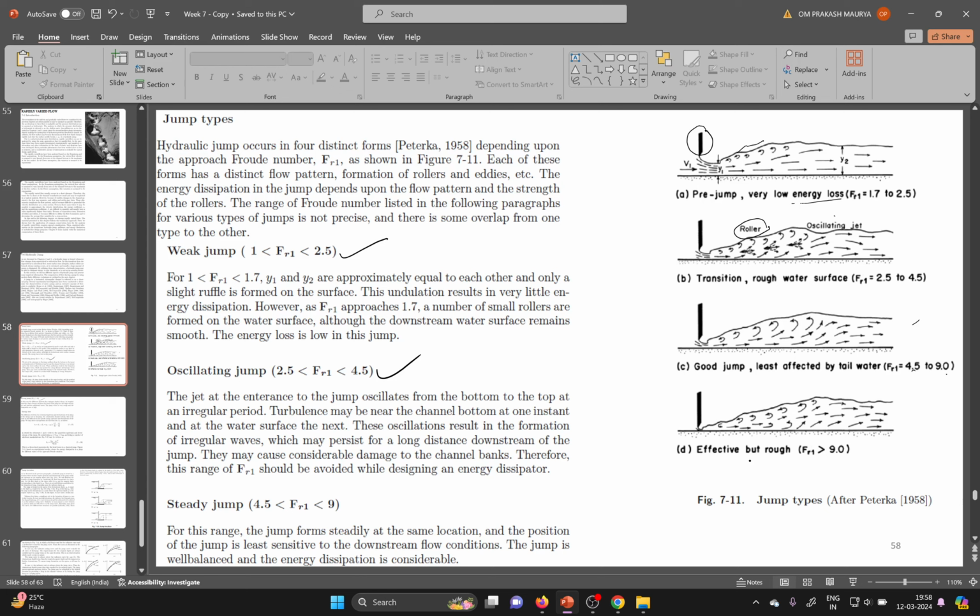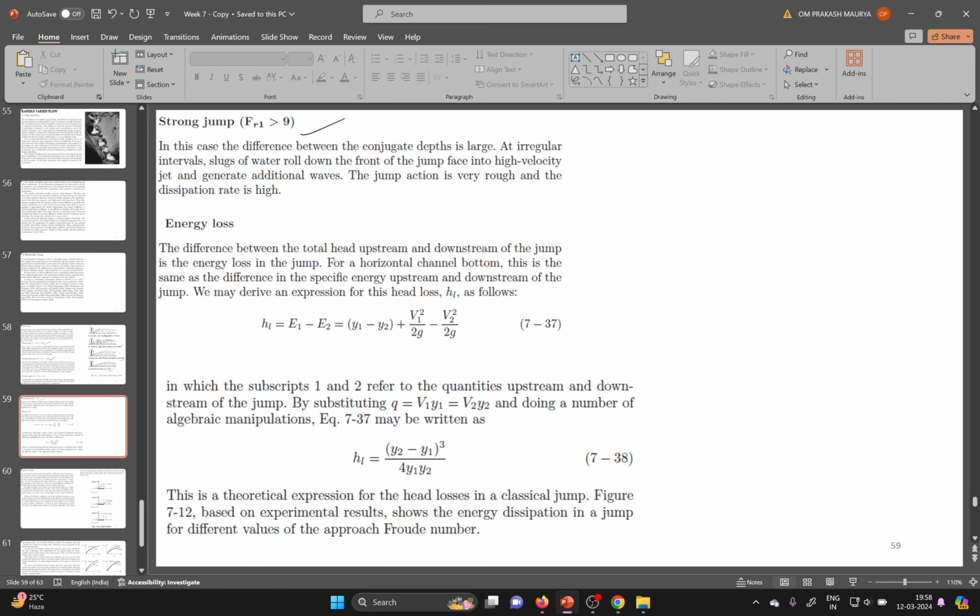You can see the depth height is increasing a little bit, coming closer to the bed. As your sluice gate comes closer to the bottom of the channel, your Froude number value is increasing. So remember these things.